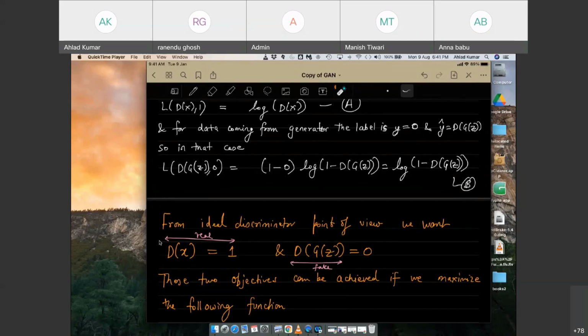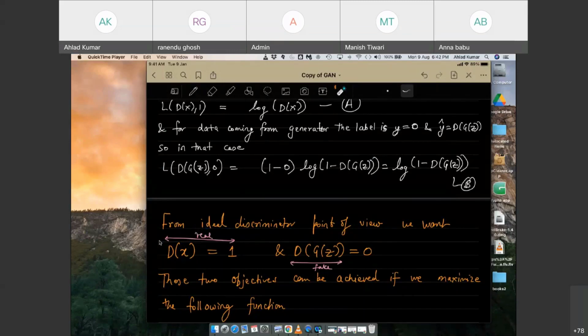That is quite simple, and I think everybody will agree that this is what an ideal discriminator should look like. In case of fake data, which is G of z, if you operate D on that, the discriminator should immediately reject it. It should say that it's fake data, and the value should come out to be 0. There is nothing fancy about this, so it's quite easy to understand this objective of the ideal discriminator.